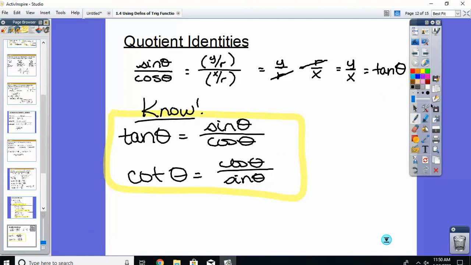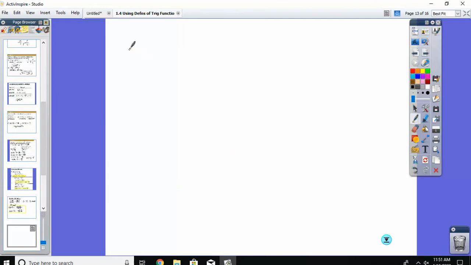I want to use these identities for maybe one example. We're more just going to be building off these identities in the weeks to come, but I want to give you a taste of it now.